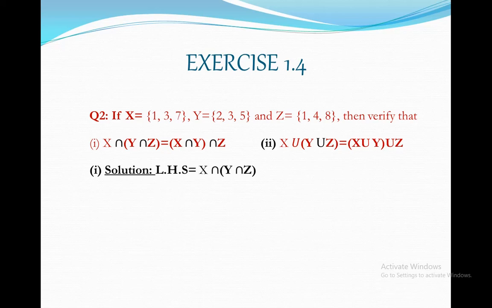Let's proceed to the solution of part number 1. We have the left hand side, x intersection (y intersection z). Rewriting and first finding the intersection of y and z, we write all three sets: {1, 3, 7} intersection ({2, 3, 5} intersection {1, 4, 8}).